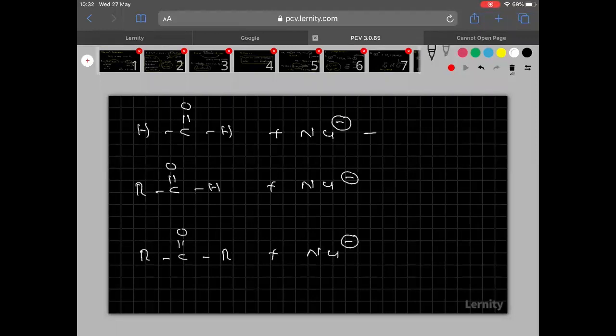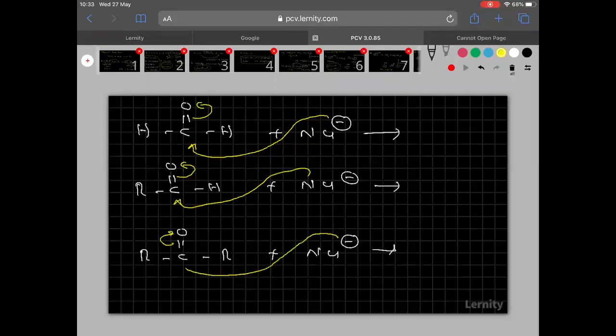Is it clear? Everyone know? Now, what happened here? In the first case, when the pi bond is shifted towards oxygen, then the nucleophile attacks here. Similarly, in the second case also, when the pi bond is shifted, the nucleophile attacks here. And in the third case also. Followed? Now, out of these three cases, where does the nucleophile attack easily?